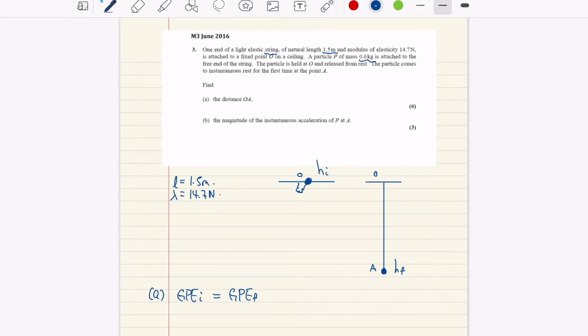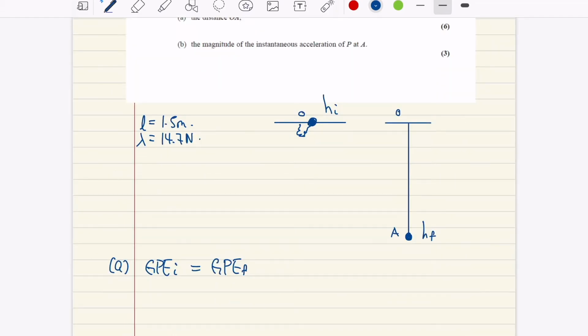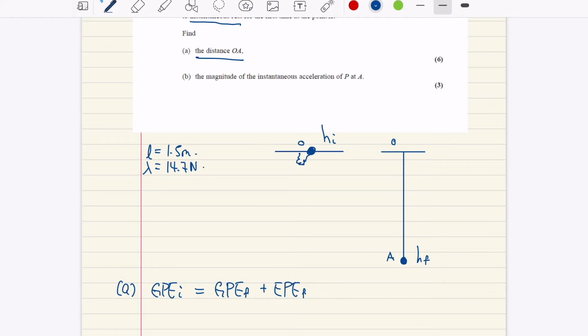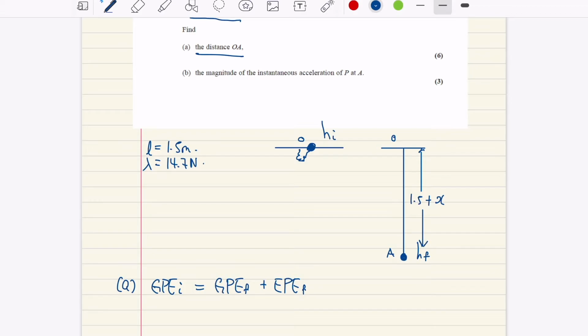Because it is instantaneous rest, the kinetic energy will be 0 too. And what else? There will be extension on the string because it's pulled by the particle, so there will be elastic potential energy. So we can say the distance OA is the original length plus the extension x of the string.